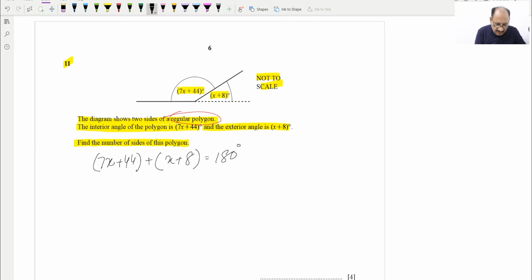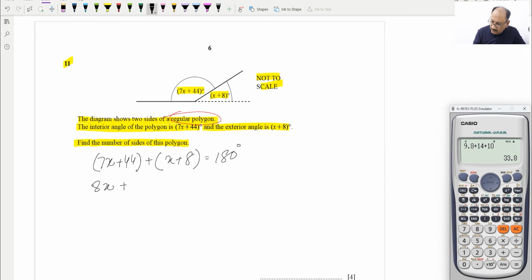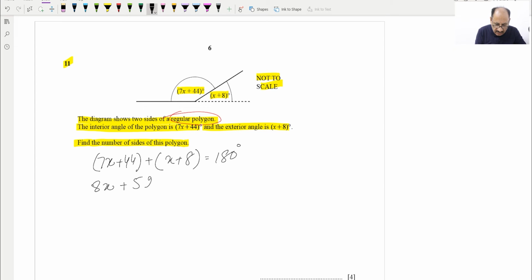So 7x plus x will be 8x, 8x plus 44 plus 8. 44 plus 8 is 52, and this is equal to 180 degrees.